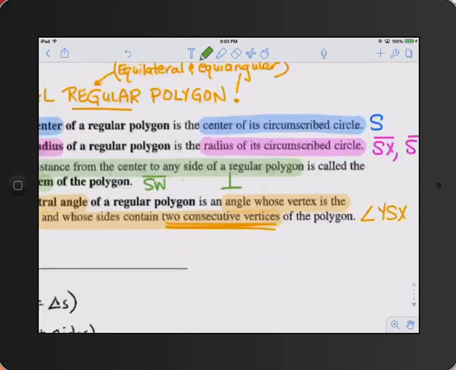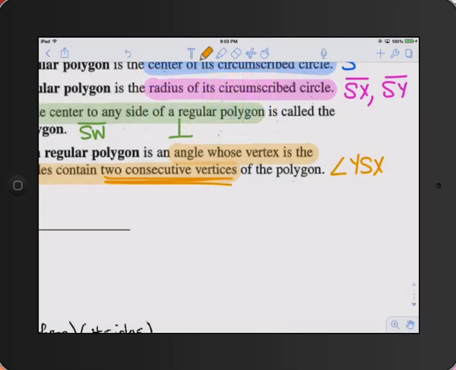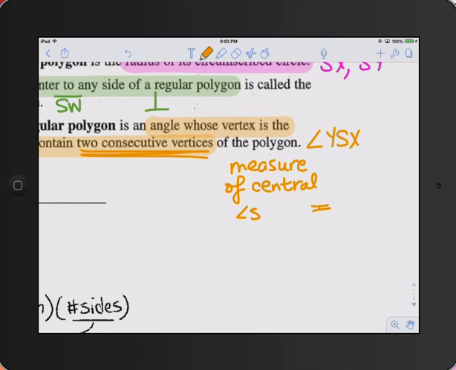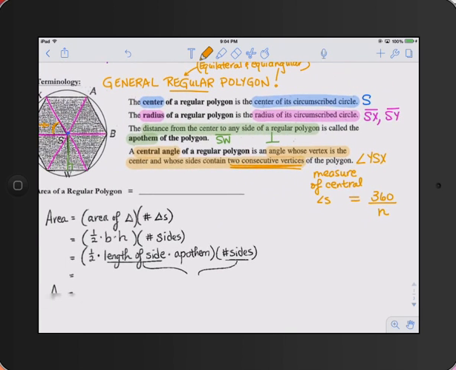And then again, down here for the central angle measure, each central angle will be 360 divided by n, where n is the number of sides.